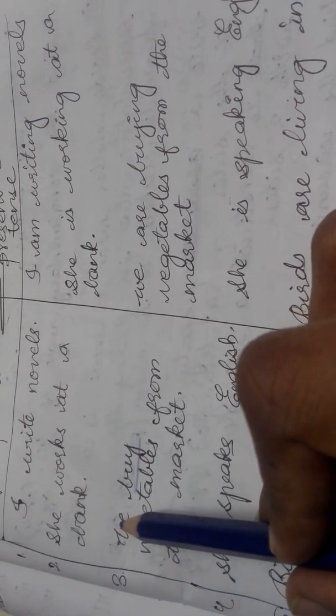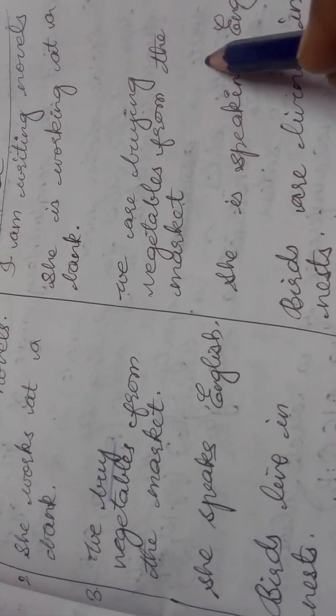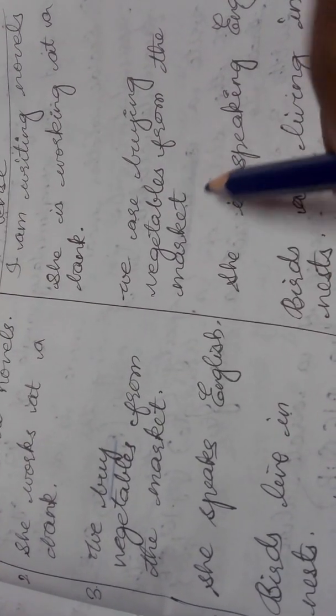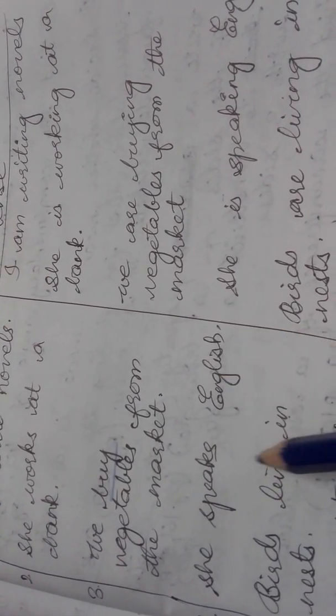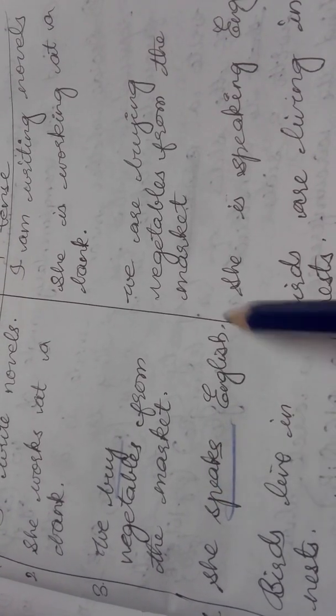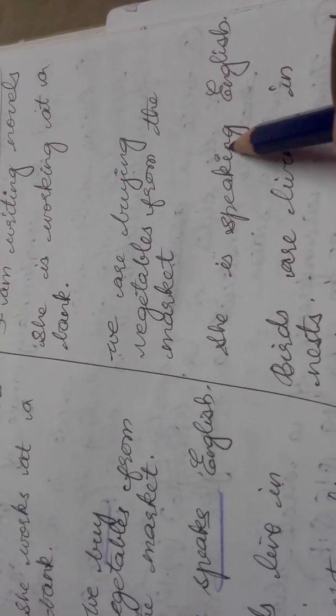So we is plural. So we are buying vegetables from the market. Understood? The next one, she speaks English. So speaks becomes speaking. She is singular. So she is speaking English. Understood?